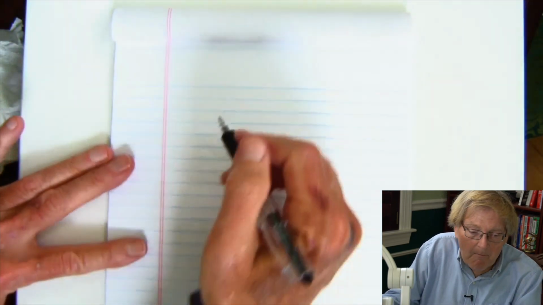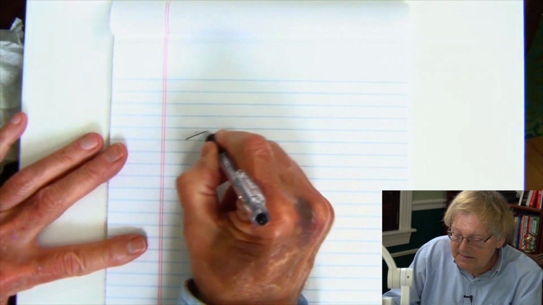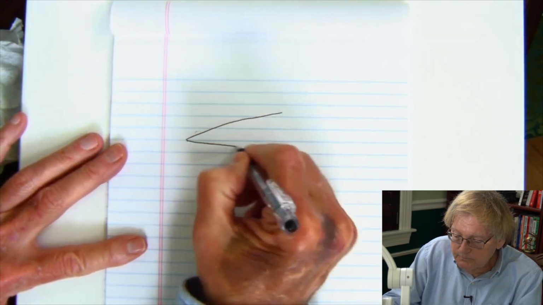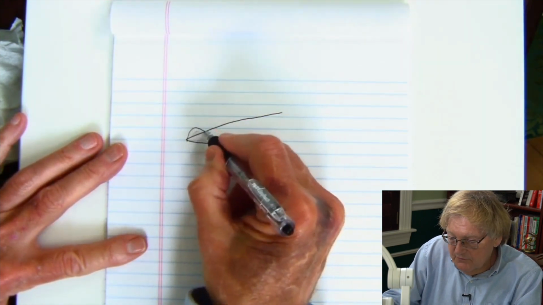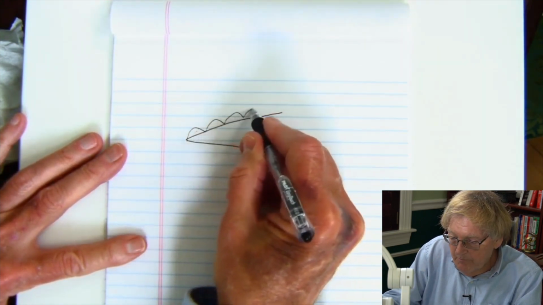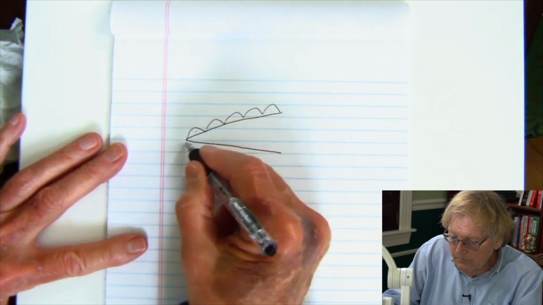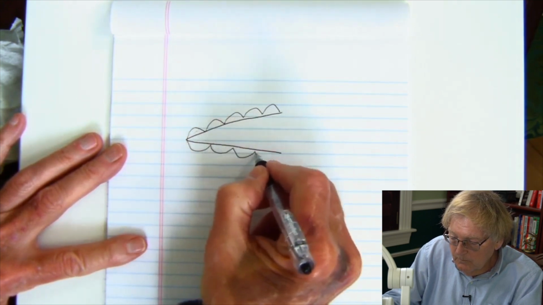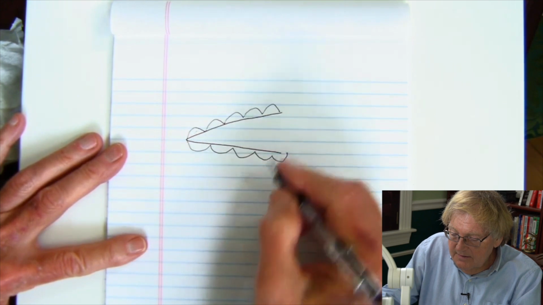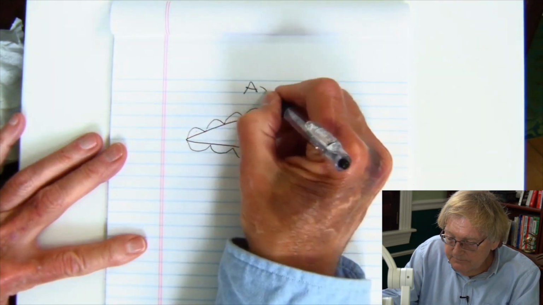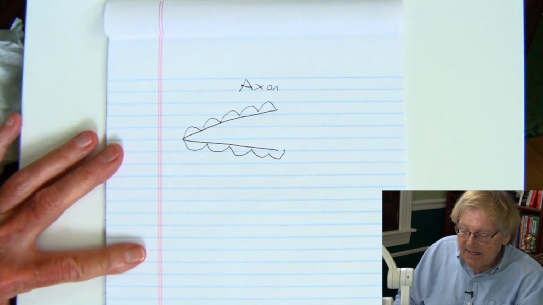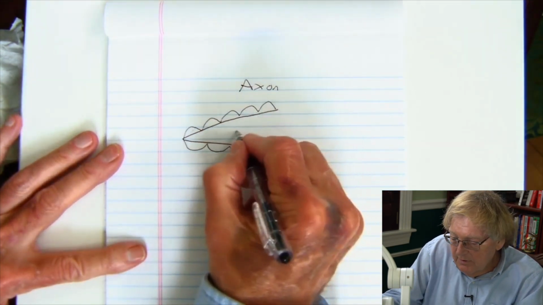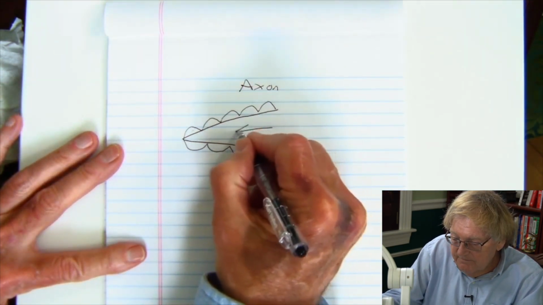Now we want to take a look at that same structure and just understand a little bit more about an axon. So I'm just going to draw an axon, and I'm going to put those same bumps over the top of it. So that is an axon. What do we know about an axon? Well, we know that we're going to draw an arrow in this direction.